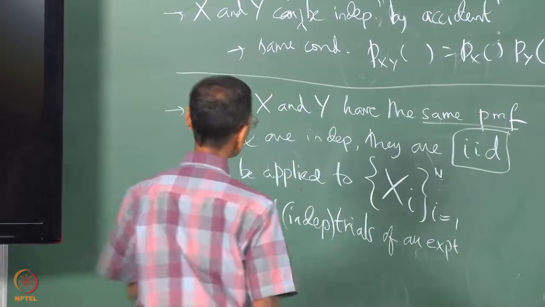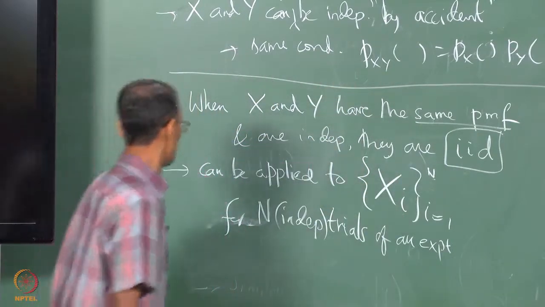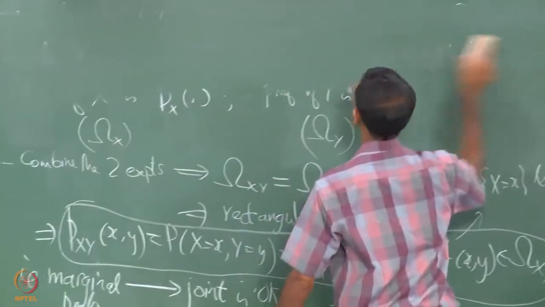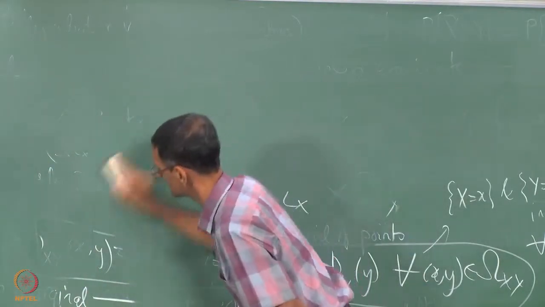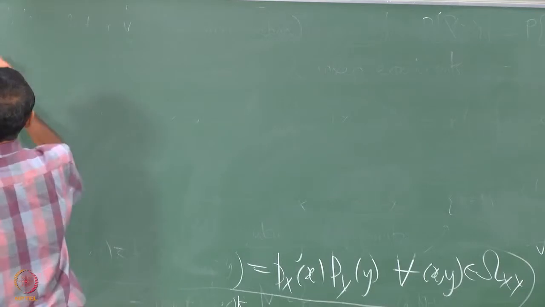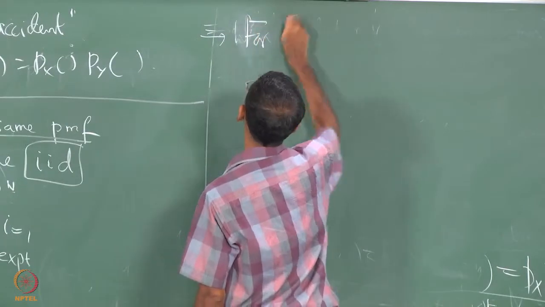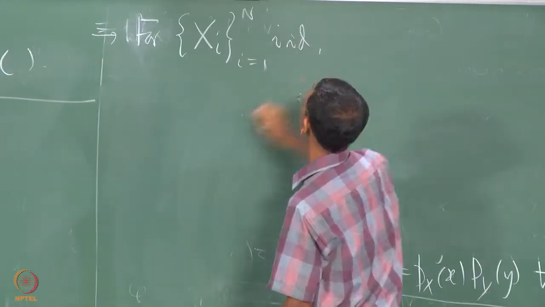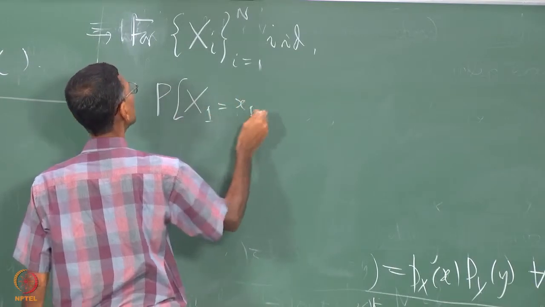So, I have a vector of random variables xi, I also have a vector of observations. So, what is the most important equality we have here? For the IID case, this probability, let me write this like this, X1 is small x1, dot dot dot.